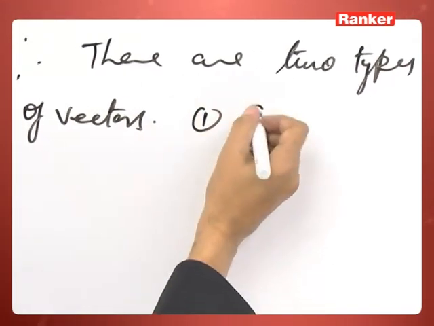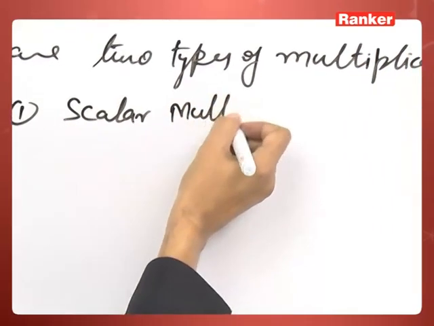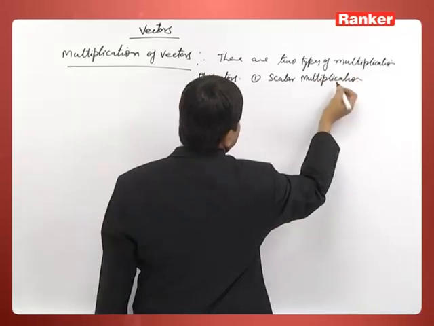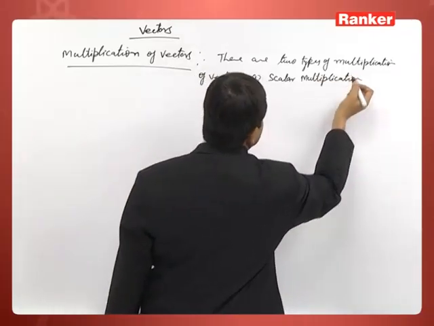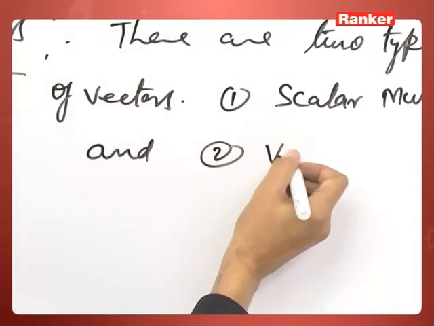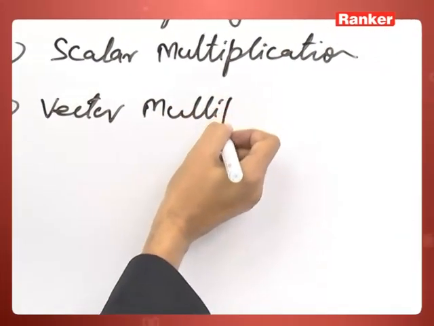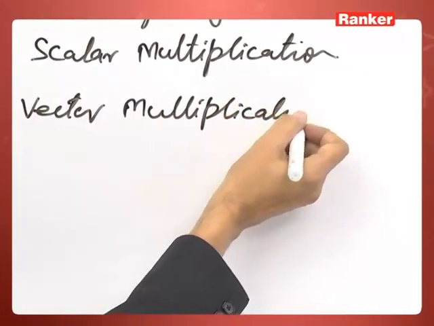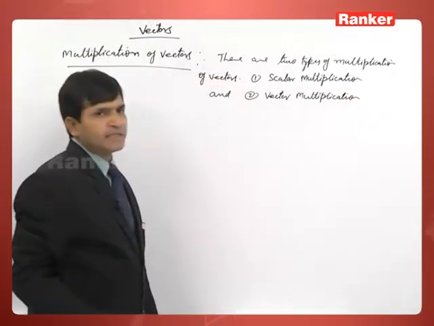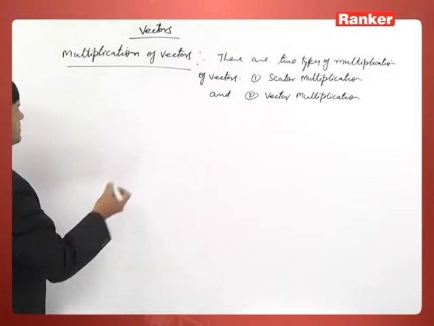One is called scalar multiplication, and another is called vector multiplication. See the meaning of each separately.